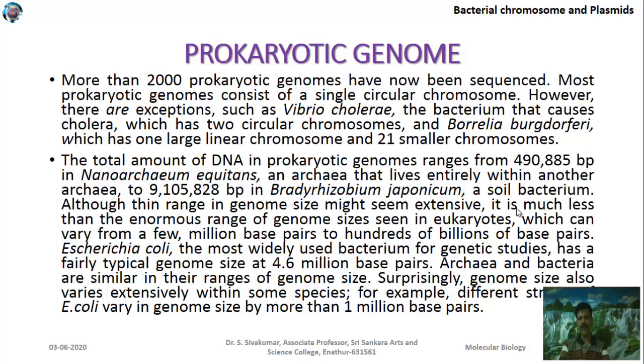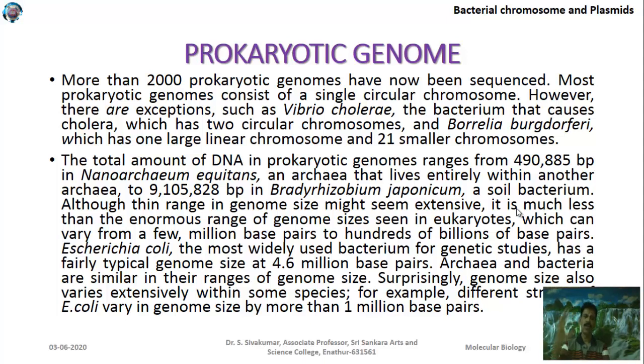The total amount of DNA in a prokaryotic genome ranges from 4,90,885 base pairs in Nanoarchaeum equitans, an archaea that lives entirely within another archaea, to 91,05,828 base pairs in Bradyrhizobium japonicum, a soil bacteria.